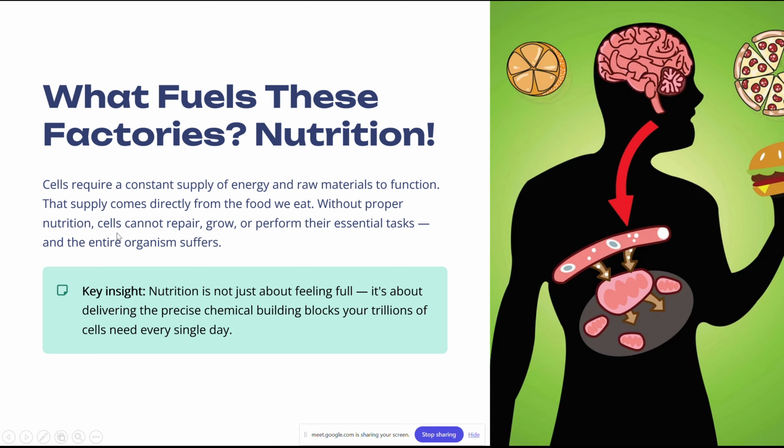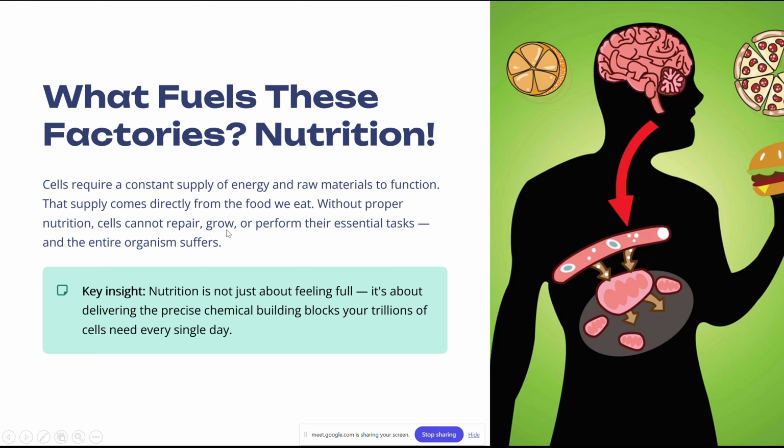Without proper nutrition, cells cannot repair. You won't be able to repair if they have been injured, maybe a cellular injury or something. So you need nutrients to repair cells that have undergone injury. Growth as well, cells are able to grow.